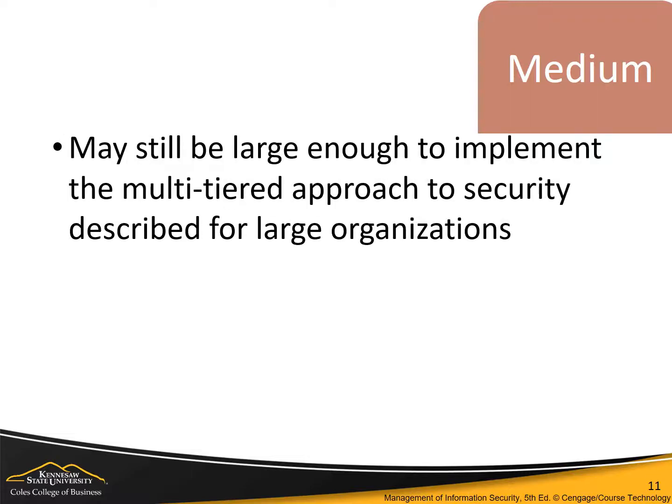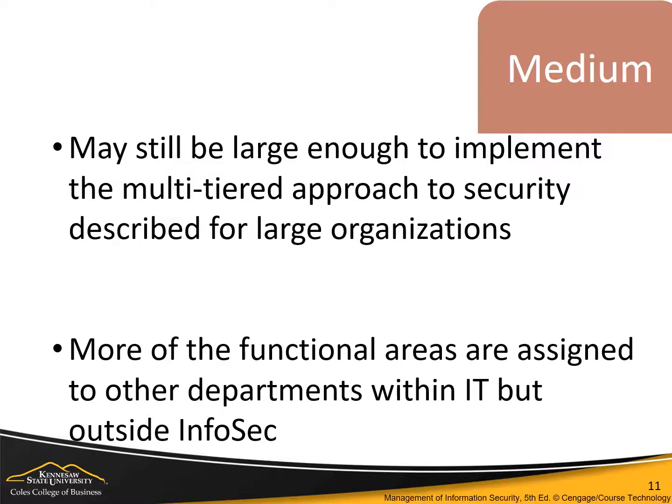Medium-sized organizations may still be large enough to implement the multi-tiered approach to security described for large organizations, though perhaps with fewer dedicated groups and more functions assigned to each group. In a medium-sized organization, more of the functional areas are assigned to other departments within IT, but outside the infosec department, especially the central authentication function.